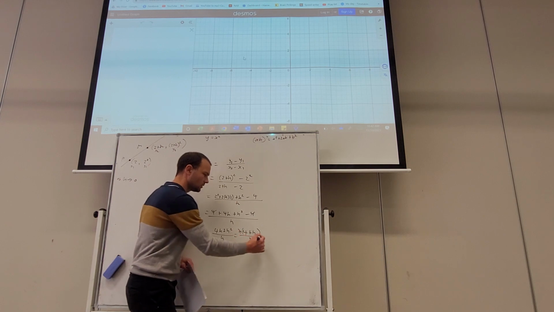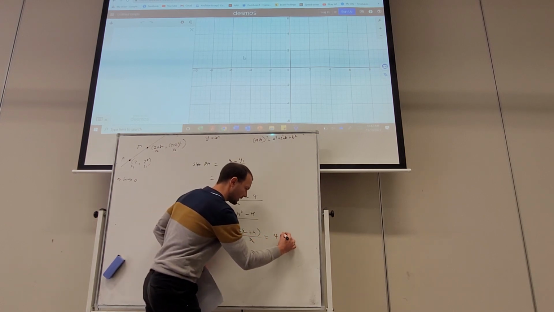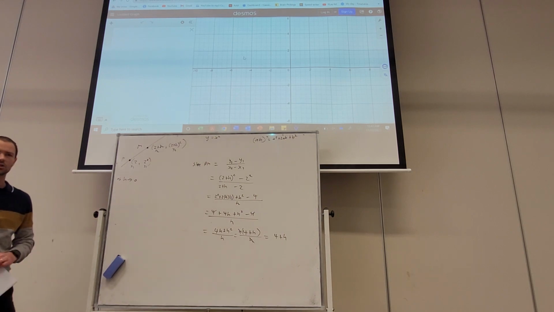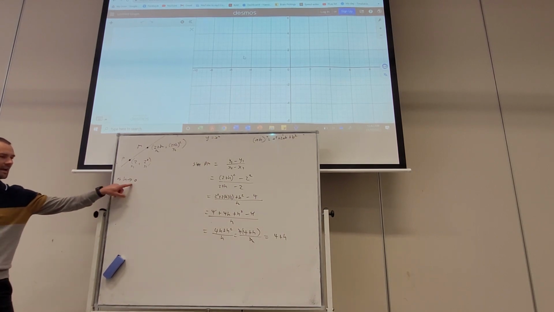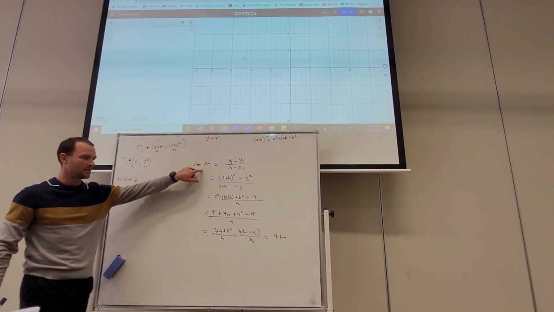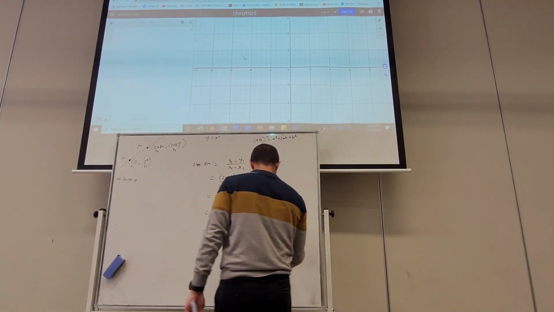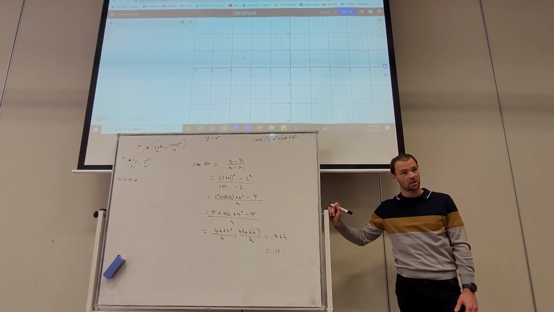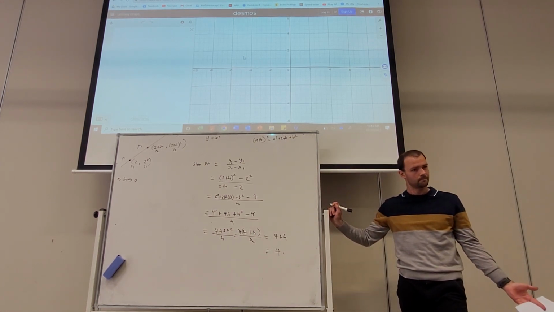It can cancel. We're left with 4 plus h. And what is h? Approaching 0. h is approaching 0, which means the slope is 4. Okay, just as we conjectured, that's what we thought it would be.